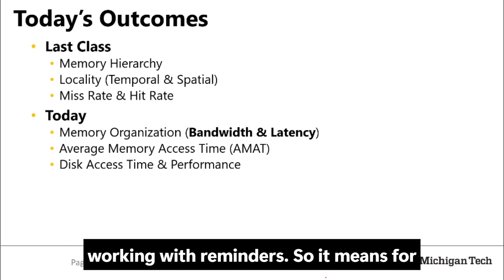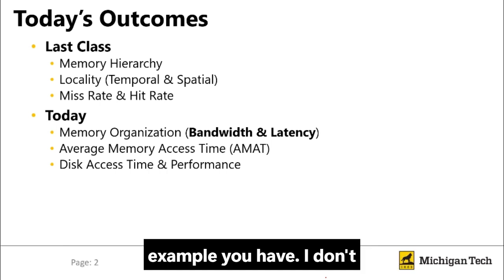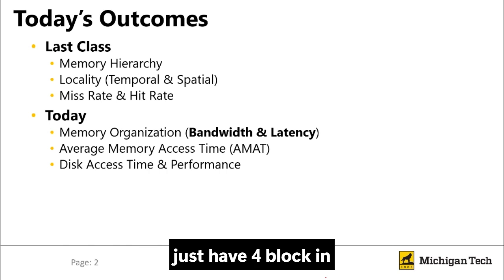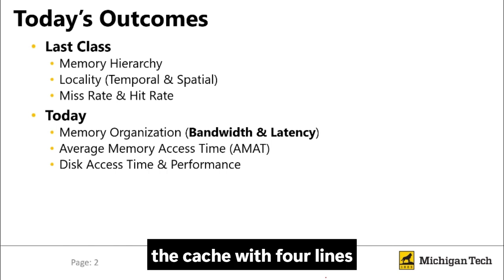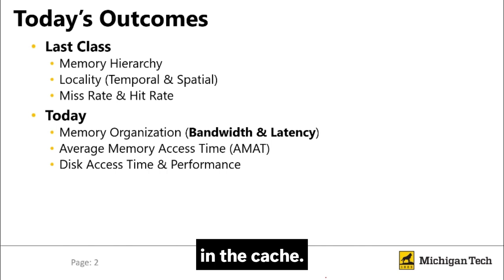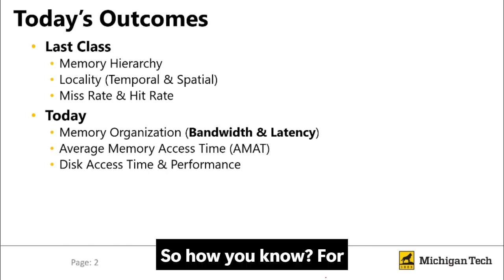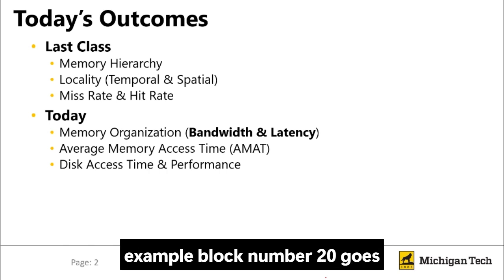So it means, for example, you have, I don't know, 100 elements or 100 blocks in memory, and you just have 4 blocks in the cache or 4 lines in the cache. So how do you know, for example, which element block number 20 goes in?